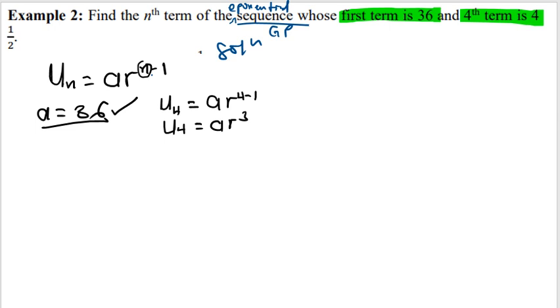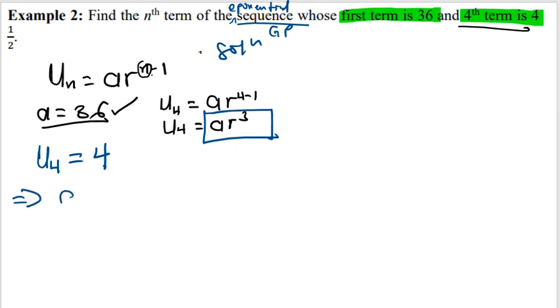The statement fourth term is 4 means U4 is equal to 4. Therefore, we equate the fourth term to 4. So this implies that ar^3 is equal to 4.